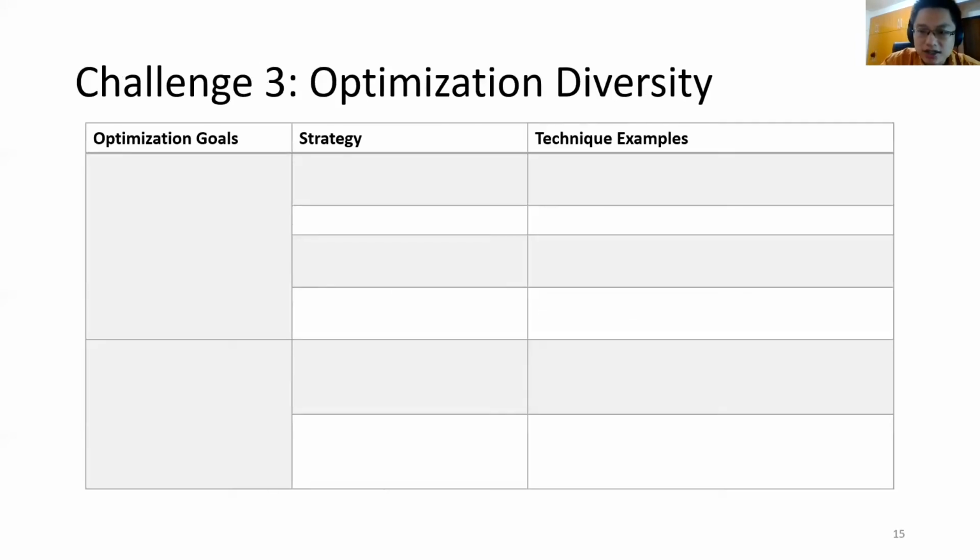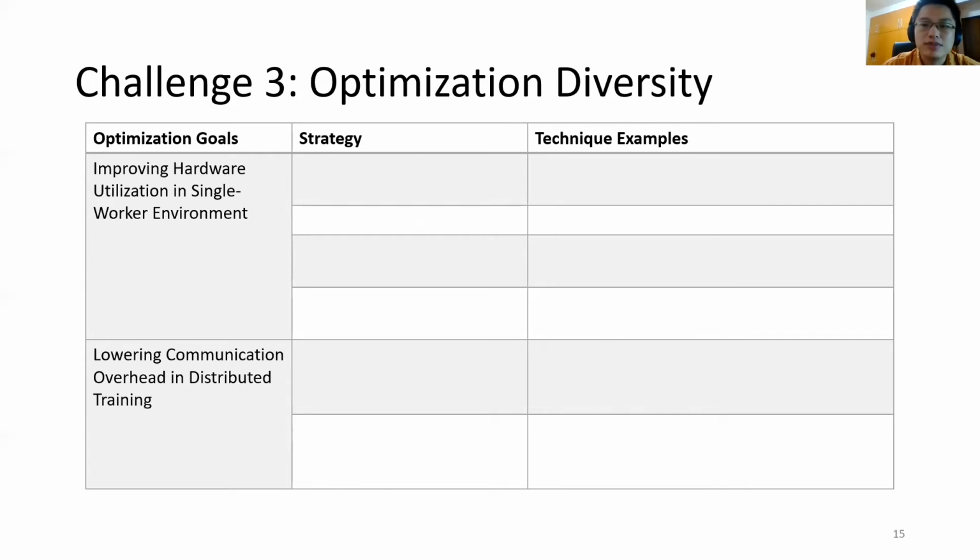The third challenge is that there are various DNN optimizations targeting different performance bottlenecks in different ways. Some optimizations aim at improving hardware utilization in a single worker environment, while others try to reduce the communication overhead in distributed training. These optimizations often use different strategies to achieve their goals.